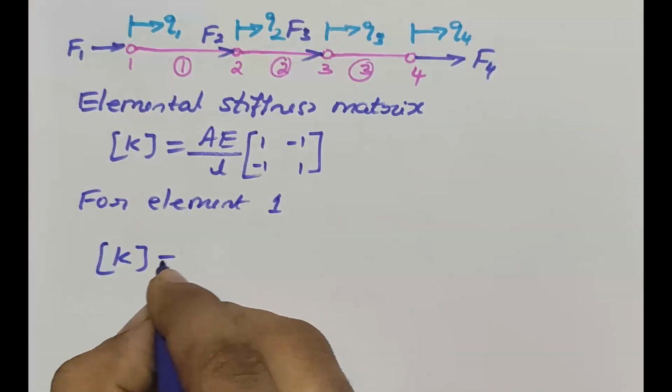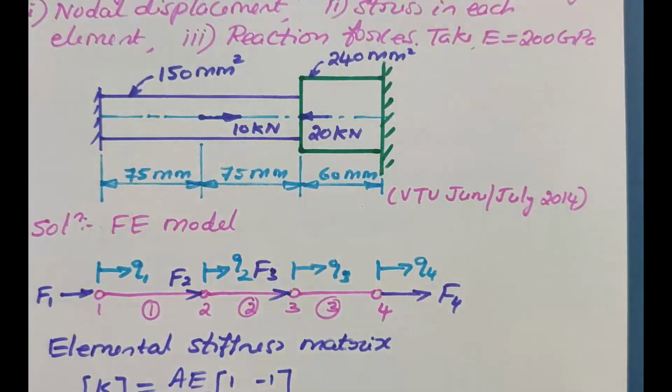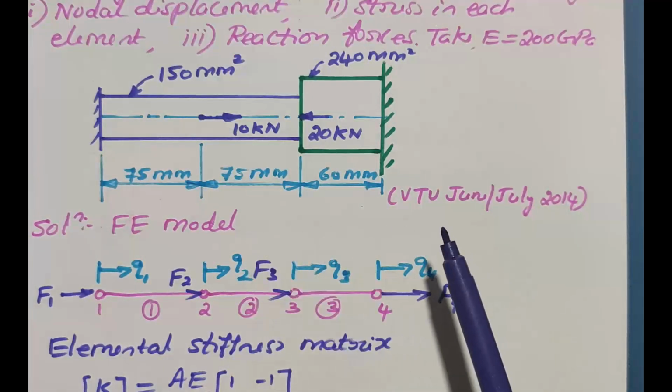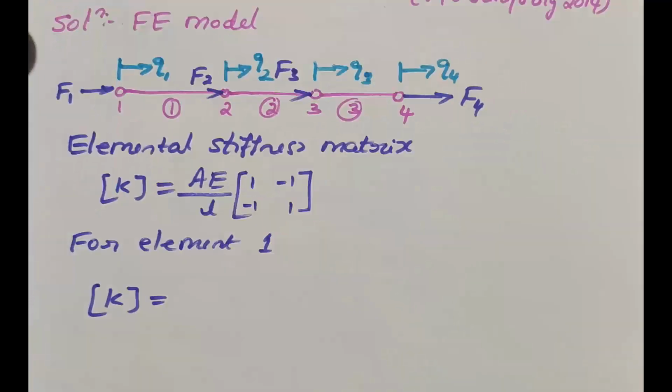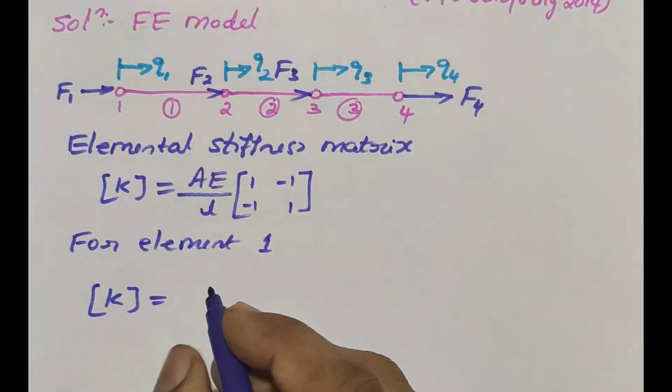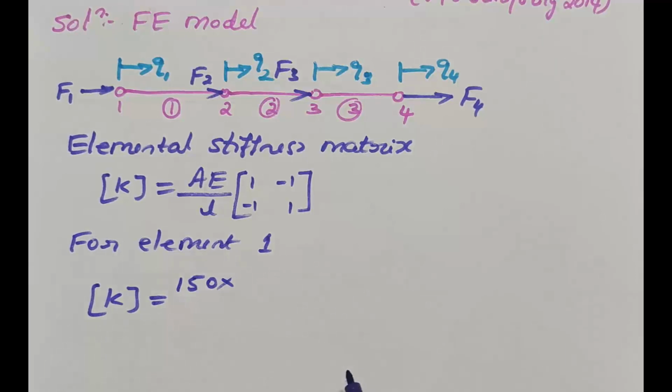K is equal to the area of the first section, it is 150 mm square. Young's modulus is the same for all the sections. Length of the first section is 75 mm. So I will substitute the values. Area 150 mm square into Young's modulus 200 gigapascal.